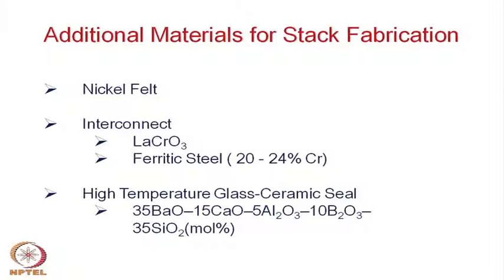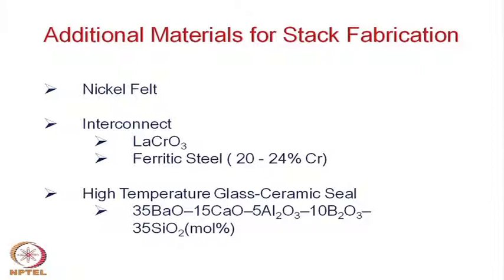The expansion coefficient of that also has to be matched with the overall membrane electrode assembly, MEA, and the sealing material's thermal expansion coefficient also has to be properly matched for the sealing material, the MEA as well as the interconnect material. So, all of them have to be properly adjusted, and therefore, the composition is of great importance here.